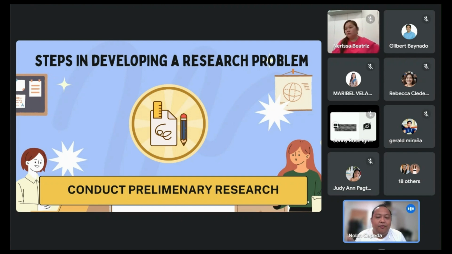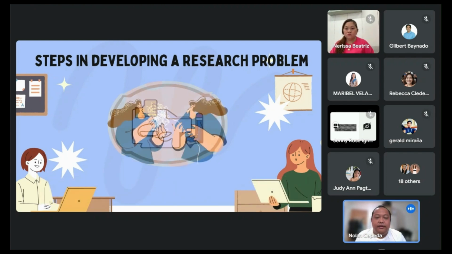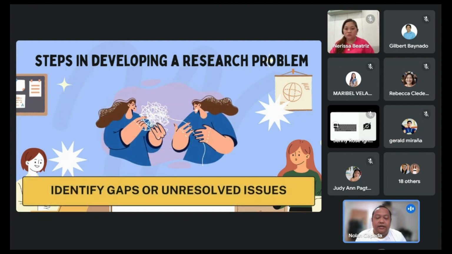Before we do things full blown, we need to conduct a preliminary research to identify early problems, so we can anticipate them and provide solutions early on. So the next one is to identify gaps or unresolved issues.